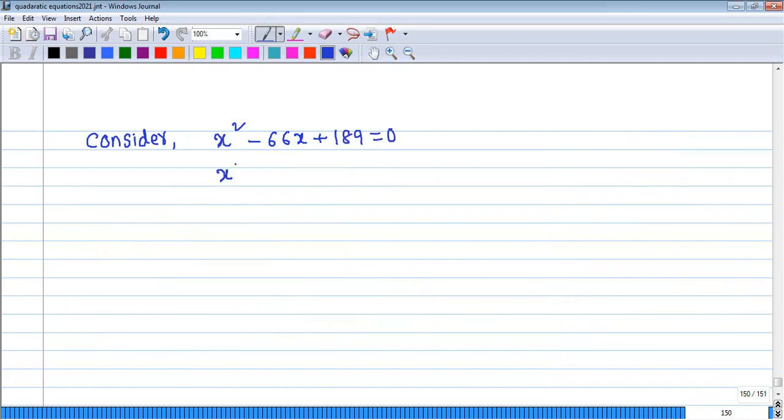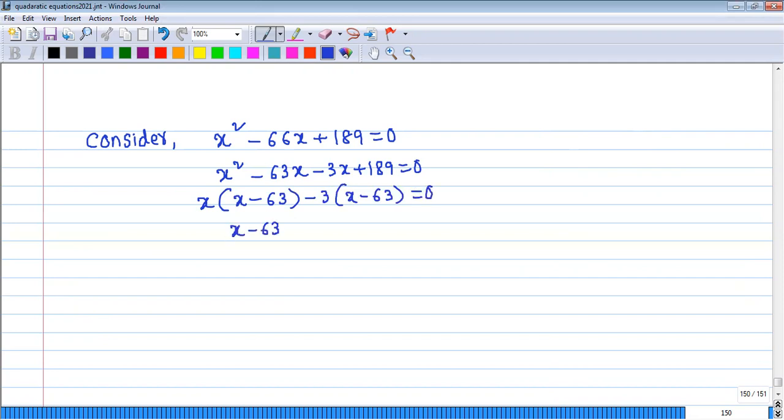This can be written as x square minus 63x minus 3x plus 189 equals 0. So x common: x minus 63, minus 3 common: x minus 63, equals 0. This we can write as x minus 63 into x minus 3 equals 0.